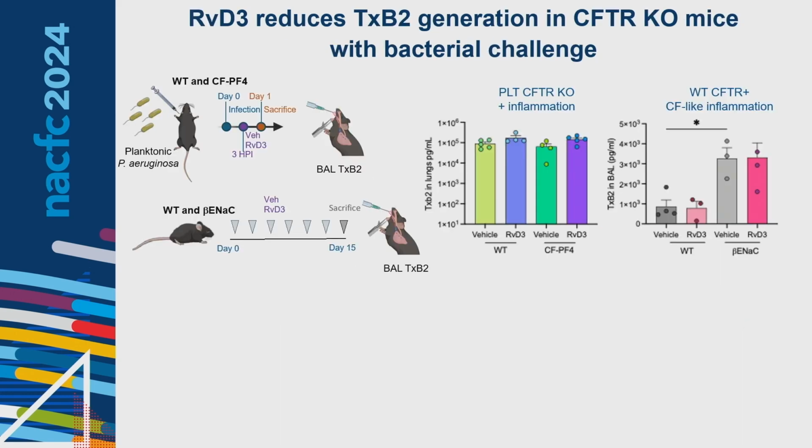In line with this hypothesis, we moved to an in vivo environment, where we found that resolvin D3 is unable to reduce thromboxane release in CFPF4 mice, so in mice where CFTR has been depleted only in the platelet lineage, as well as in mice with CF-like inflammation.